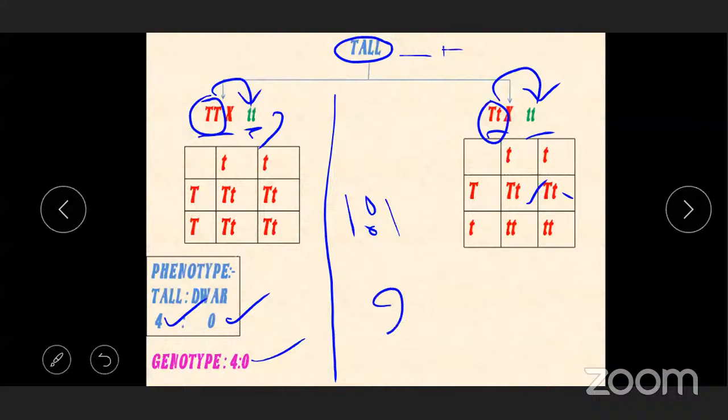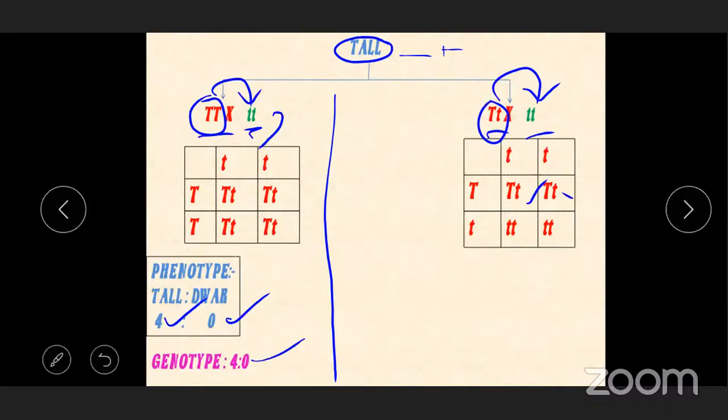That is equal to 2:2. How many heterozygous tall are there now? 2 heterozygous tall, and homozygous dwarf 2. That is equal to 1:1. Here also 1:1 in the next generation F1, in phenotype and genotype.